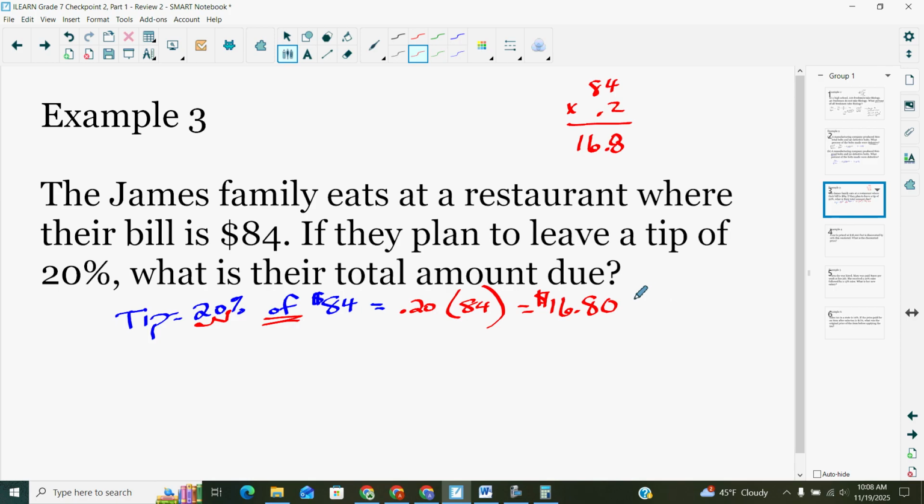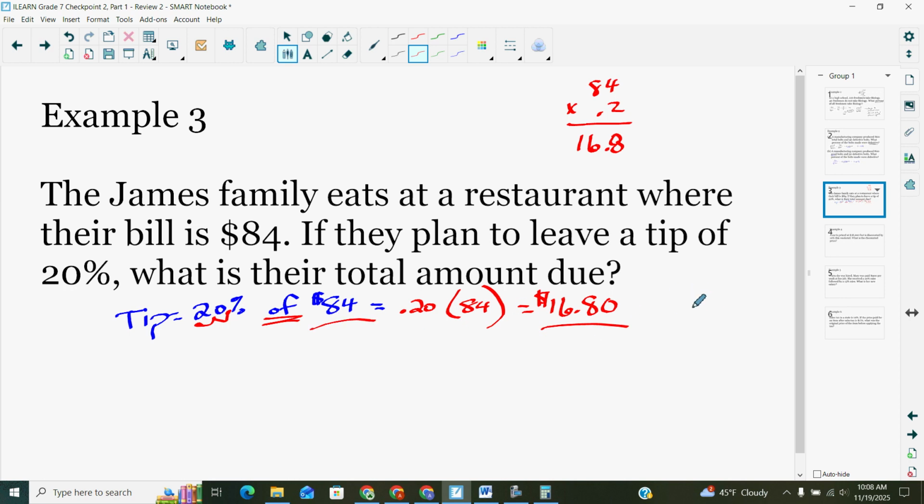We always want to be careful. We want to make sure we're answering the question that's being asked. If it said, what is the tip? There's the tip, $16.80. It doesn't ask that. It asks, what is the total amount due? So we have to not only pay the tip, $16.80, we're also paying for the $84 that their bill was.